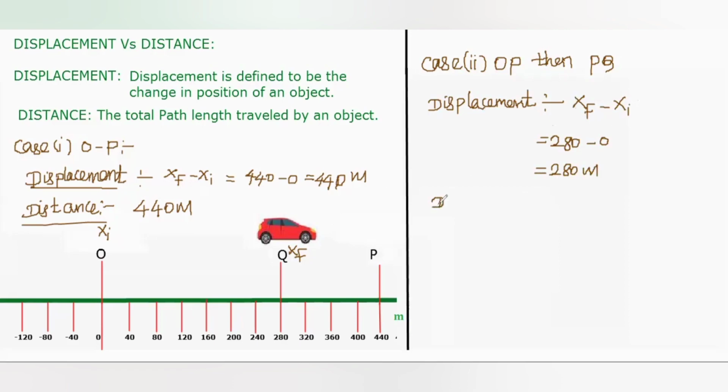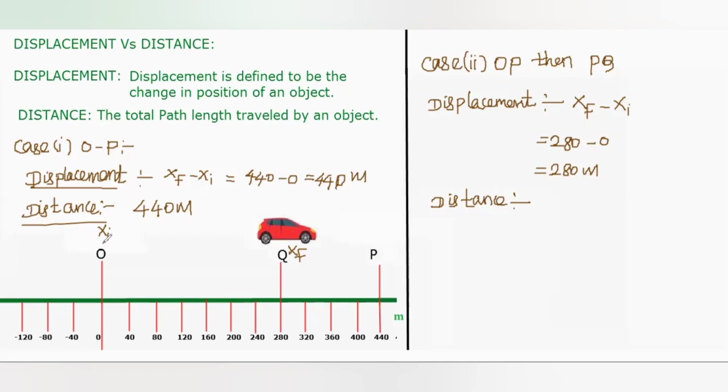Then what is the distance in this case? As per the definition, the distance is the total path length traveled by the object. So here you can see the distance.